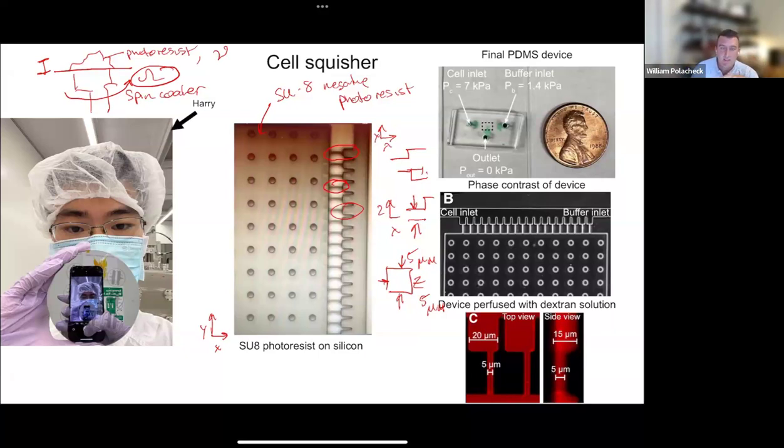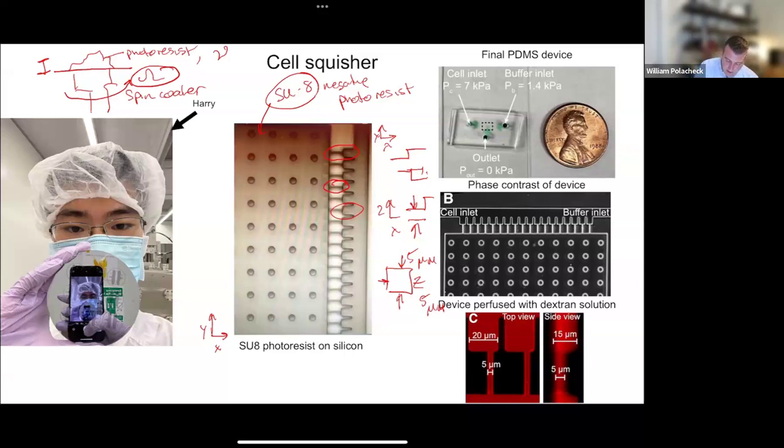So this is why these SU8 materials are really popular in microfluidics for mechanobiology, because they're what allow us to get thicknesses on the order of 10 microns or that of a single cell. So when I say Harry or Anya spun on photoresist, that's what I mean. They loaded it on one of these spin coaters and they rotated it at a given velocity.